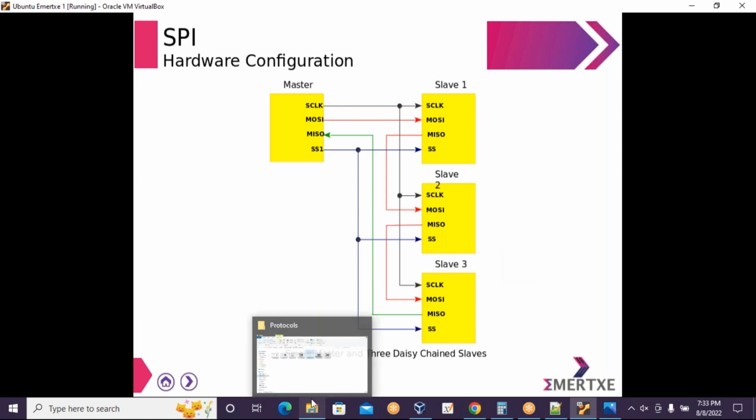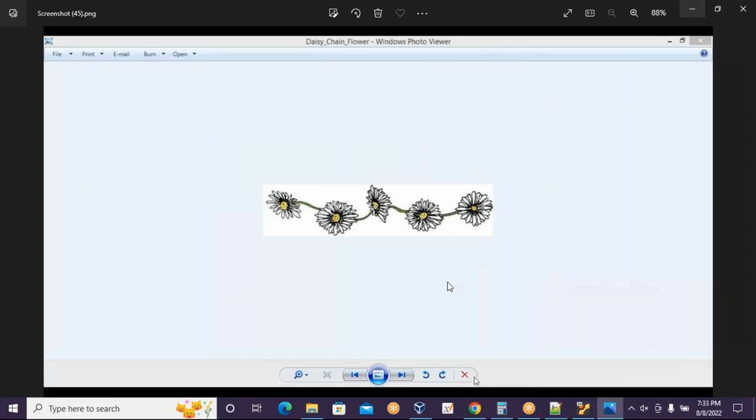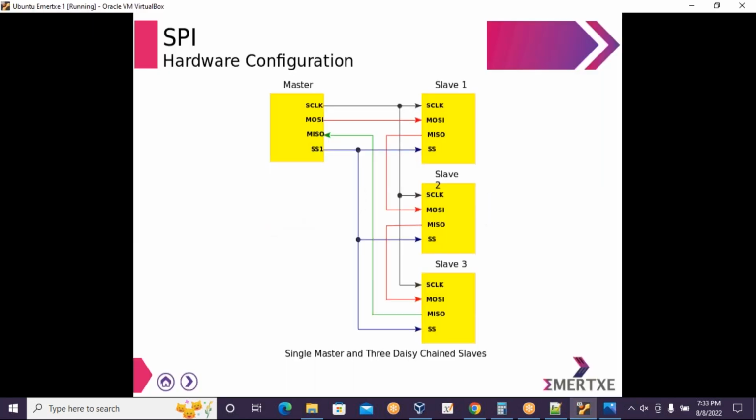So why is it a daisy chain? I hope you people have seen a daisy chain, how the flowers are cascaded, how they are connected one to the other. Similar to that, we have a daisy chain configuration.